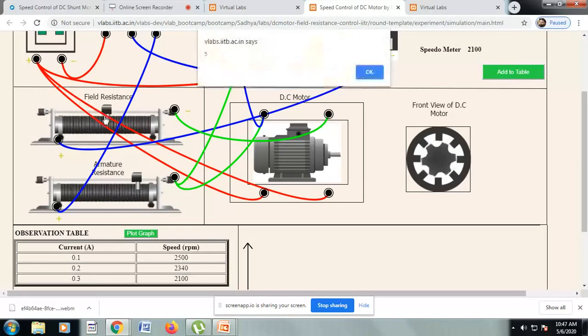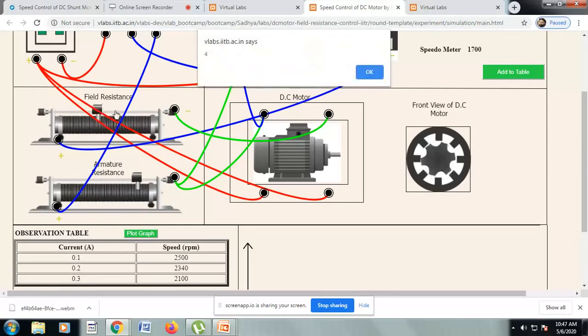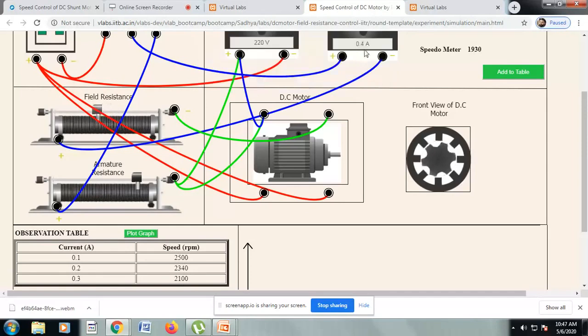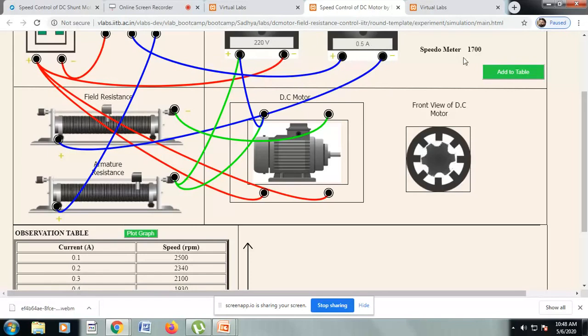Number 4 is 0.4 ampere and speed is 1930. Number 5 is 0.5 ampere and speed is 1700 rpm.